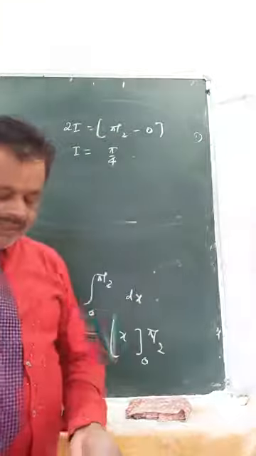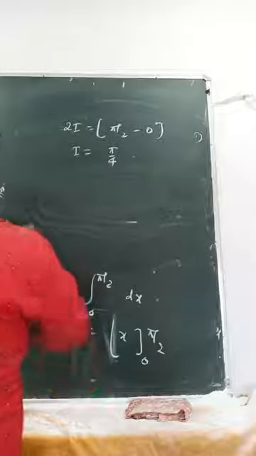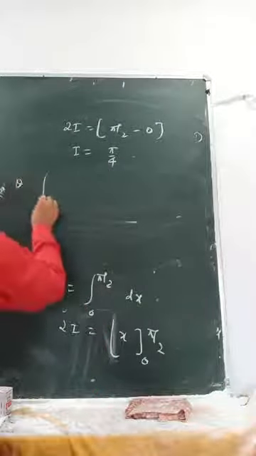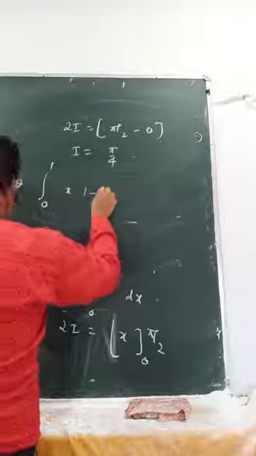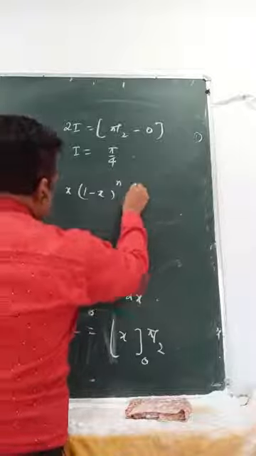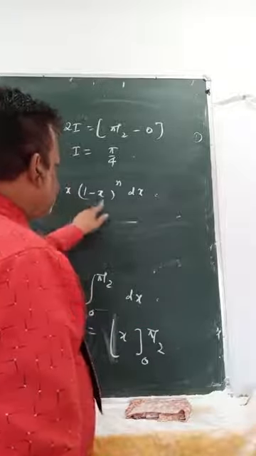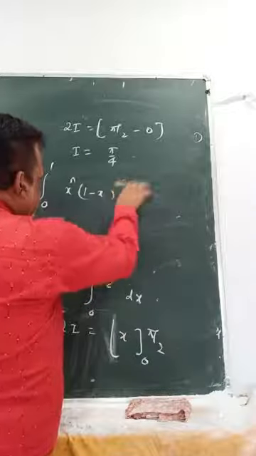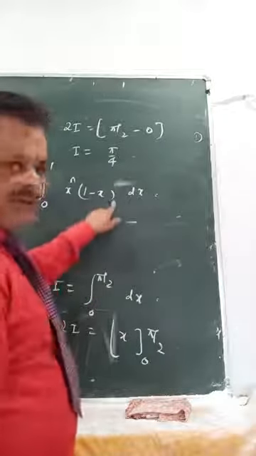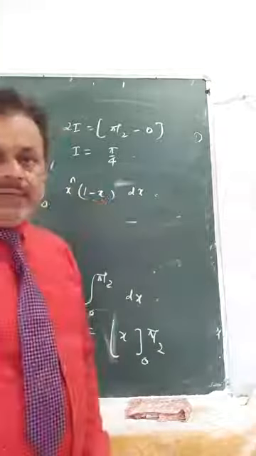With the same formula, we have a different pattern here. Suppose integral from 0 to 1 of x times (1 minus x) to the power n dx. Okay, you cannot multiply here. If it were like that, you could multiply x to the power n into 1 and x to the power n into x, and then integrate.